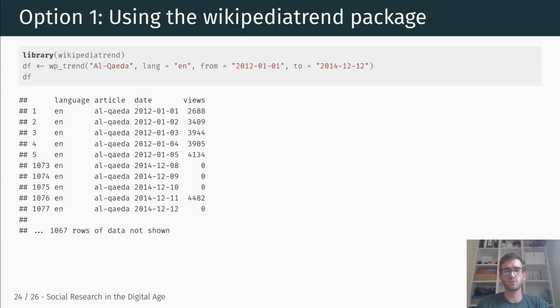Just to get everyone up to speed, it's fairly straightforward. If you load this package, you can use the wp_trend command to directly extract trends of user access statistics for specific websites.